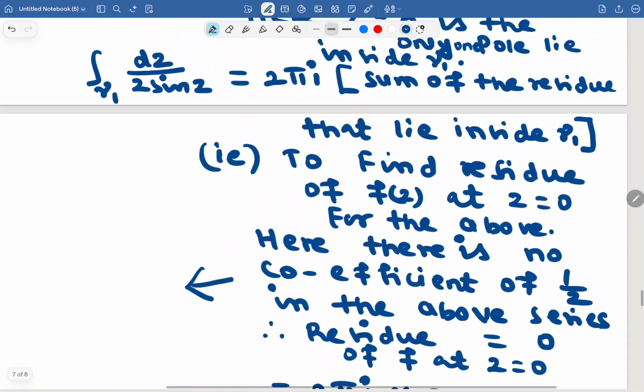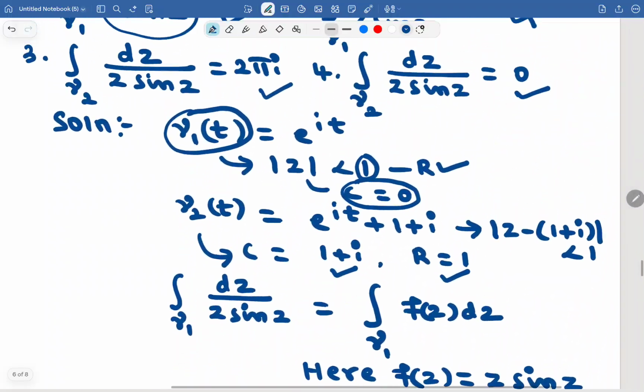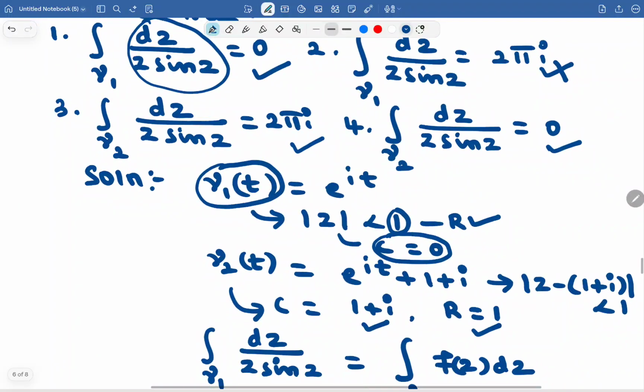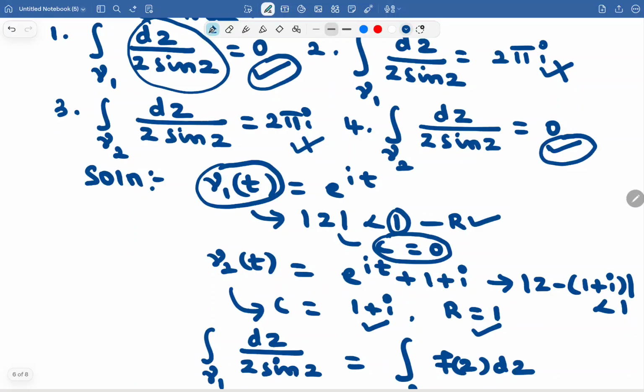For the second curve γ2, the value of the integral is 0. Third one is the wrong option. Fourth one is the correct option. For this problem, option 1 and option 4 are the correct ones.